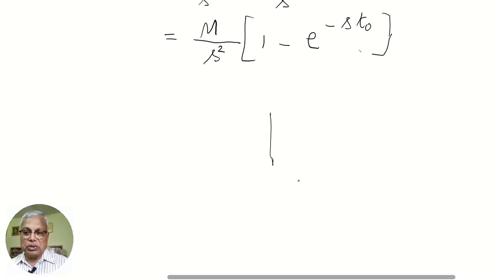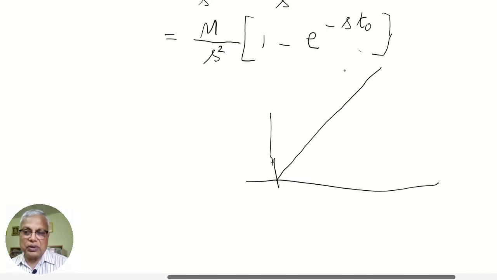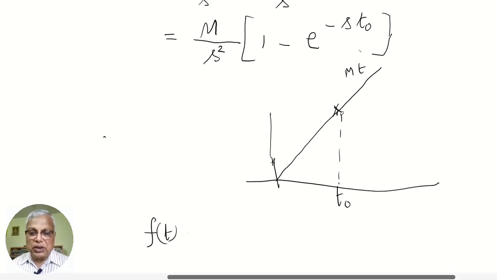I am trying to find the equation for the second part, t greater than t naught, by a very quick method without any equations. So this is m t, but it does not continue. Here it is terminated. So the equation for this period is f of t equal to m t.